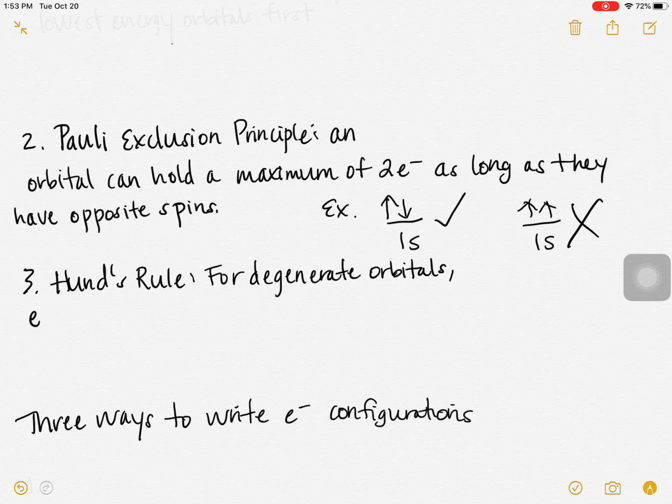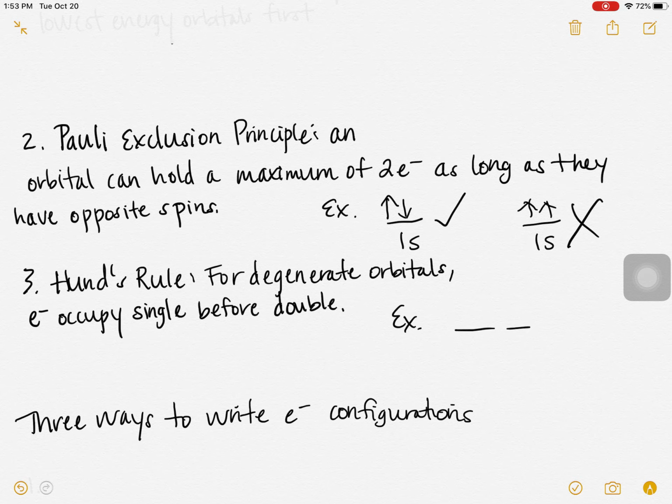So for degenerate orbitals, electrons occupy, this sounds weird, but they occupy single before double. If you had the 2p, I drew 3 lines, remember, because one lies along the x, one lies along the y, one lies along the z. And they're all of equal energy.